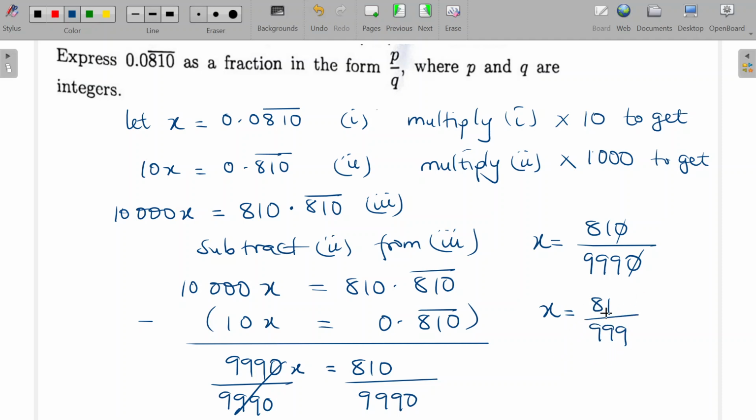The number that divides into both is 9. 9 into 81 is 9, and 9 into 999 is 111, so x is 9 over 111, and this becomes your answer. Are we together? Okay, so that would be your answer.